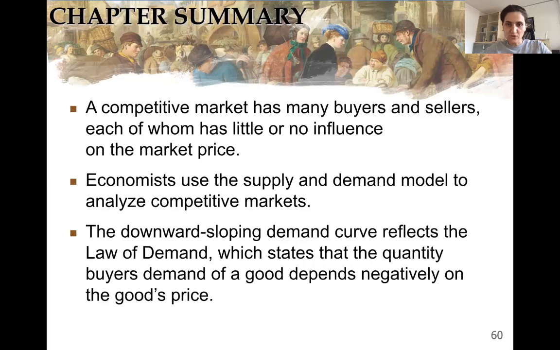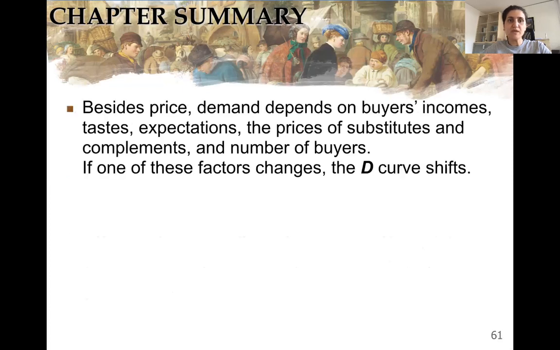The downward sloping demand curve reflects the law of demand, which states the quantity buyers demand of a good depends negatively on the good's price. Besides price, demand depends on buyers' income, tastes, expectations, the price of substitutes and complements, and number of buyers.